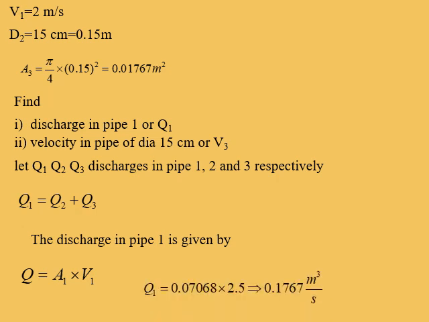Substitute the values of area as well as velocity, then the discharge at diameter 1 is equal to 0.1767 meter cube per second. So this is the first part of the numerical, to find the discharge in pipe 1 at the diameter of 30 centimeter.